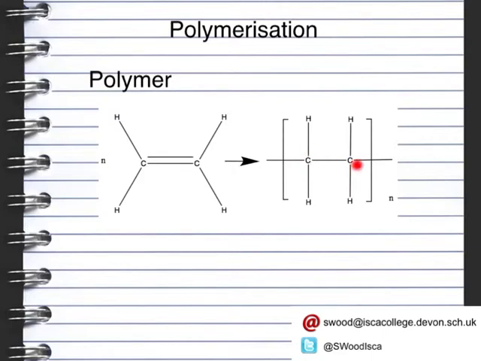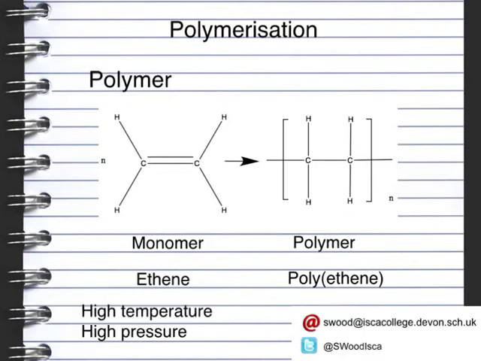Because we've got two carbons, we then have the polymer polyethene. So we've got a monomer at the beginning here, which is the ethene, and then on this side we have the polymer, which is known as polyethene. In order to make polyethene, you need a couple of conditions, and they are a high temperature and a high pressure.